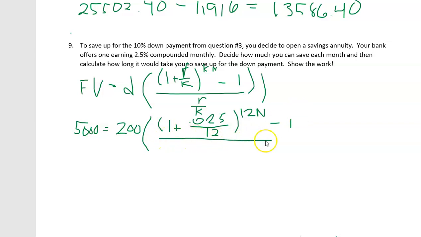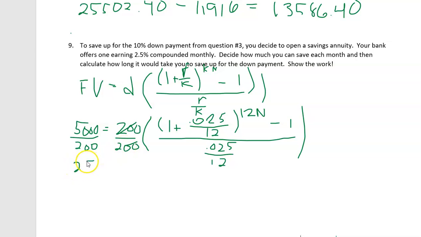And then on the bottom, again, I have 0.025 over 12. All right, so first thing, I'm going to get rid of this 200 first, so I can divide it out here and divide it out here. This cancels out, and over here I get 25.